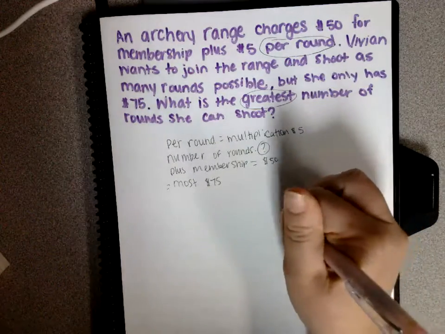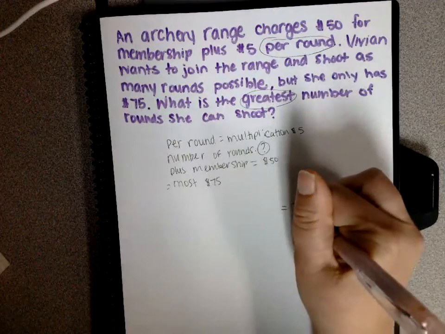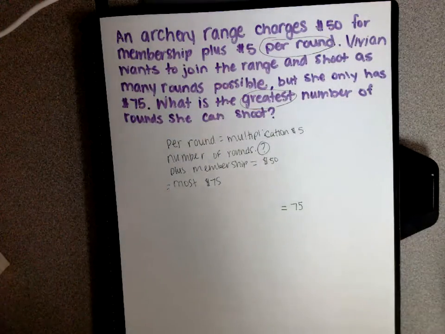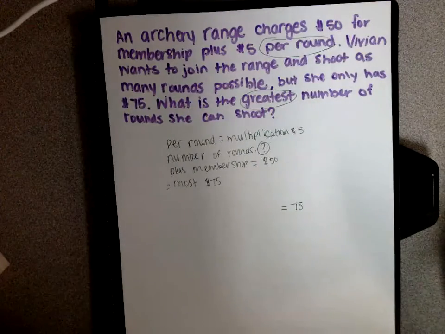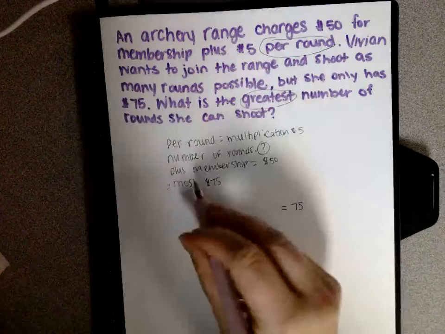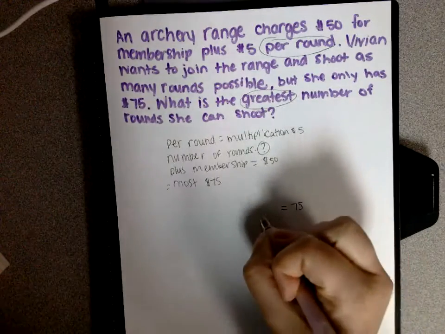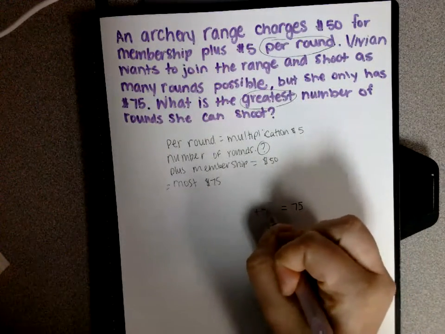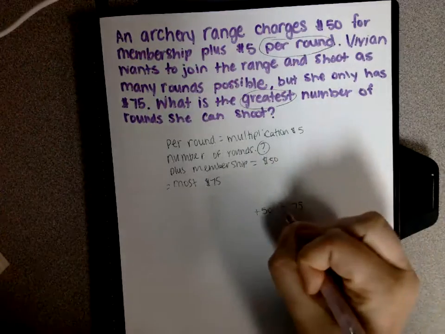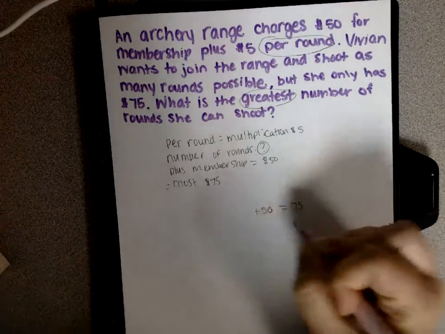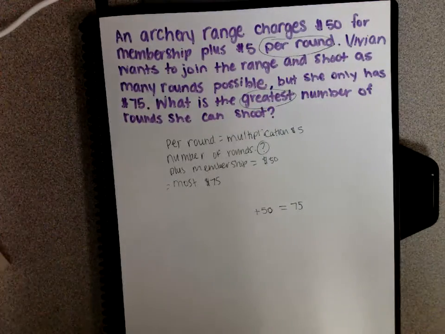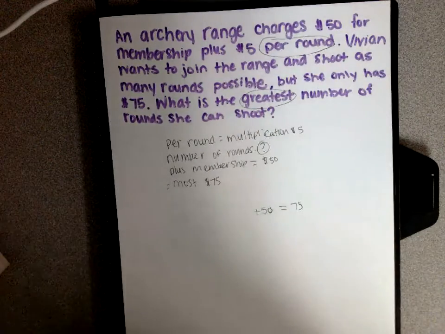So I know I can go ahead and start with my equal sign because I know that end cost cannot extend beyond $75. Okay. I know that plus $50 cannot change, or it better not. They better not raise the cost on me. So I know that something plus $50 is going to equal 75.